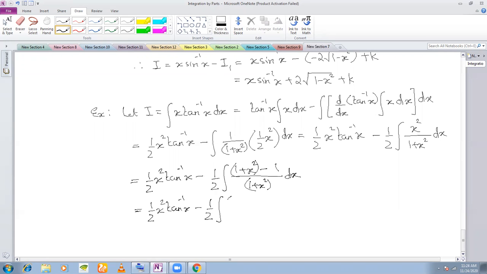This is now half x square tan inverse x minus half integral. Now if we separate this, you simply get 1 minus 1 by 1 plus x square dx.